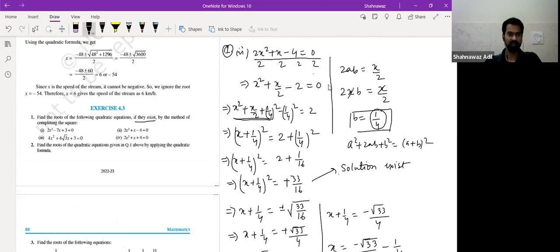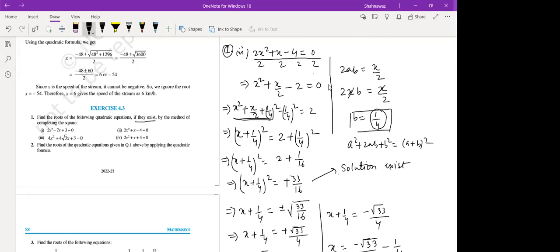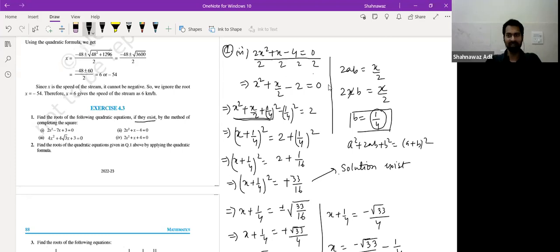Now Adil's turn, right? Third question is Adil's turn. It was Talha's turn, but Talha is not well today, so one day relaxation for Talha. Sir, Adil is not there. Oh, Adil left. When?